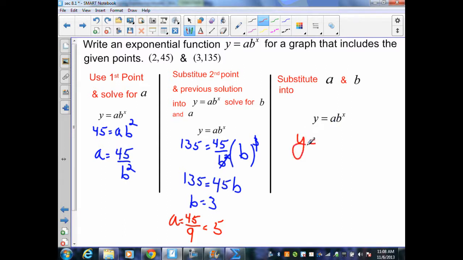I have y equals a was determined to be 5, b I found to be 3, to the x. So a graph that goes through (2, 45) and (3, 135) has an exponential function of y equals 5 times 3 to the x. And since b is greater than 1, this actually is going to be a growth exponential function.